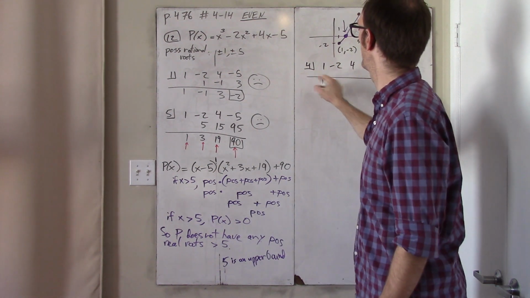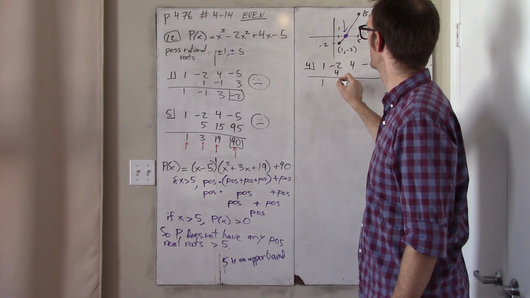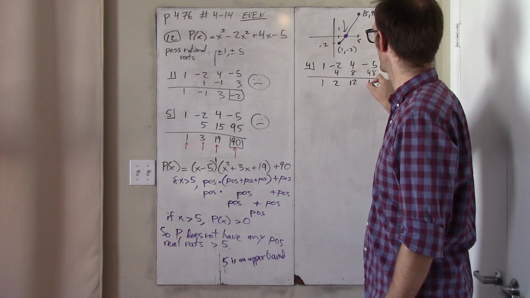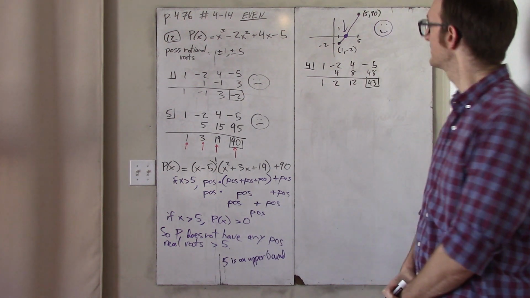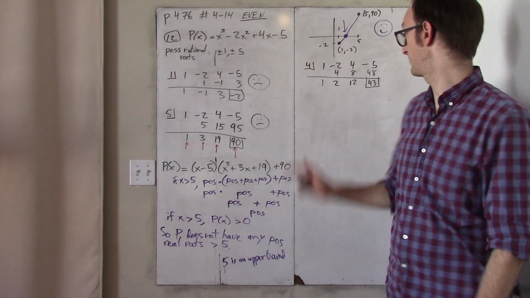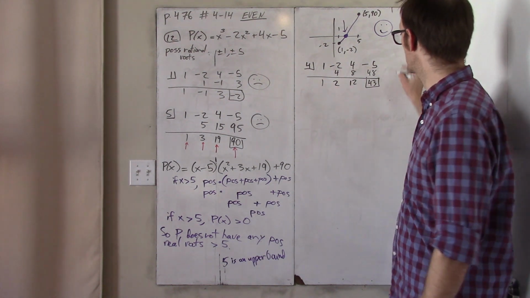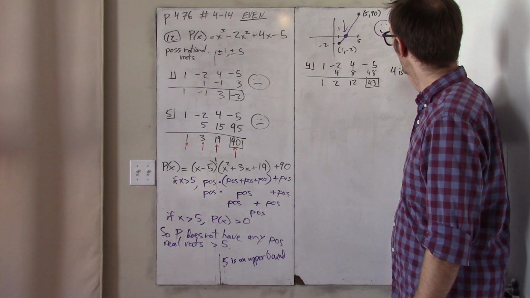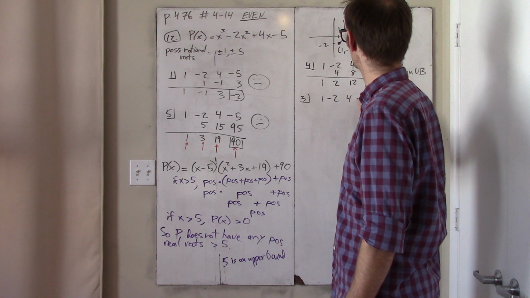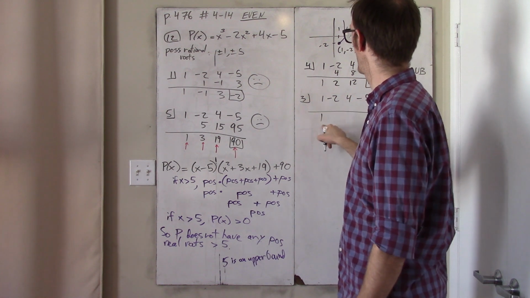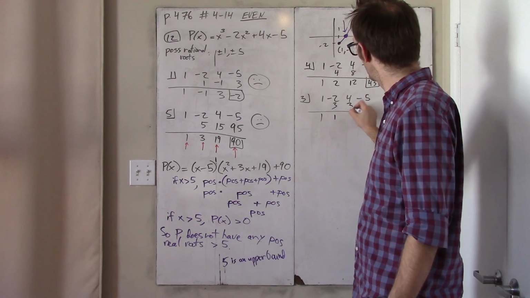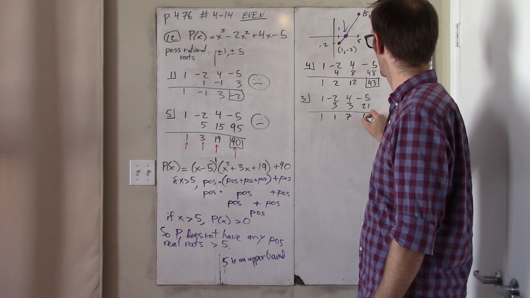So let's do this. 1, so it's 4, so it's 2, 8, 12, 48, 43. So what does that tell you? That tells you that because these numbers are all positive for the exact same reason, 4 is an upper bound as well. How about 3? So that means 3, 1, 3, that's 7, that's 21, that's 16.